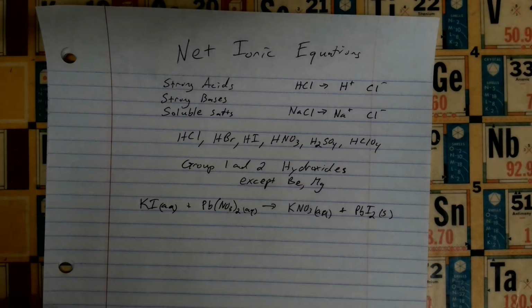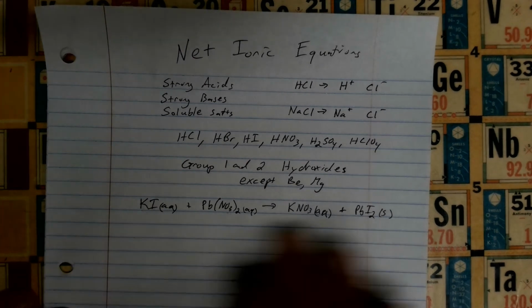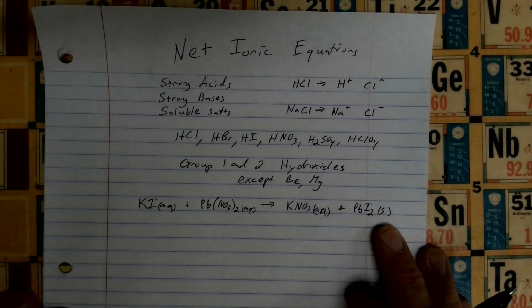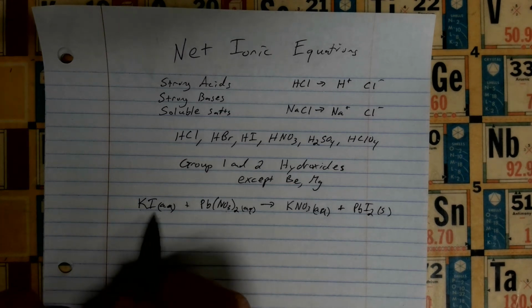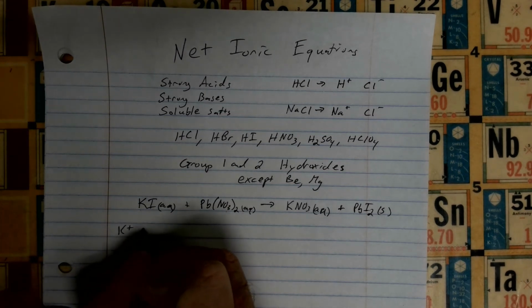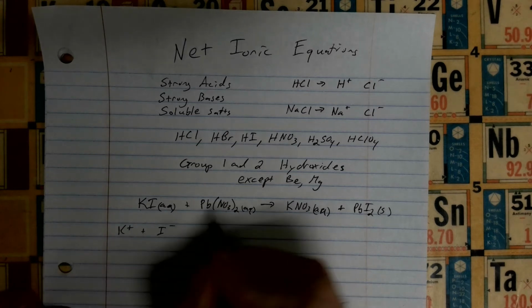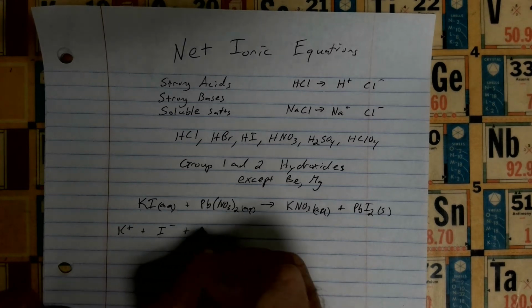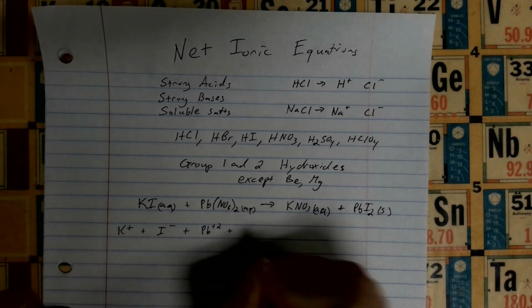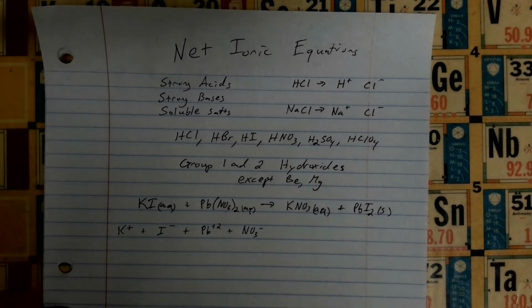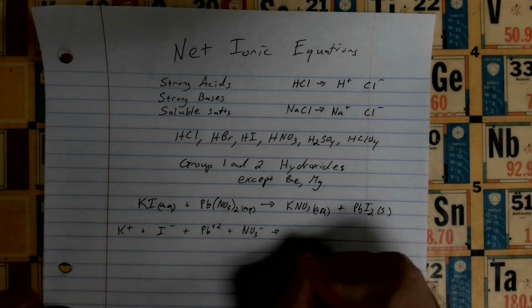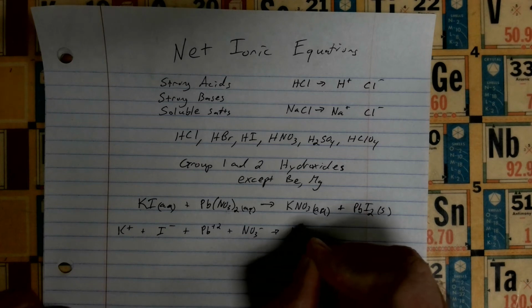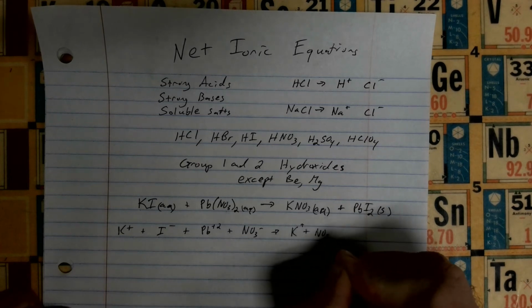So this is the normal equation. If I want to write the full ionic equation, I break apart the things that I can break apart. So this is a soluble salt, so I'm going to break that apart: K plus, I minus. This is also a soluble salt, so Pb plus 2, NO3 minus, yields K plus, NO3 minus.